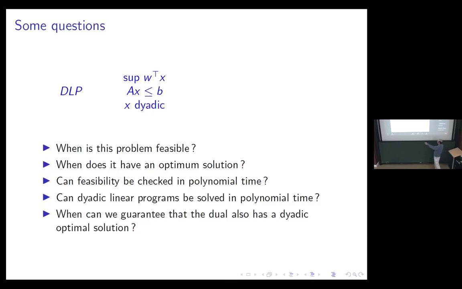Can dyadic linear programs be solved in polynomial time? Can we also guarantee, or under which conditions can we guarantee, that the dual also has a dyadic optimum solution? So these are some of the questions that we address in our paper.